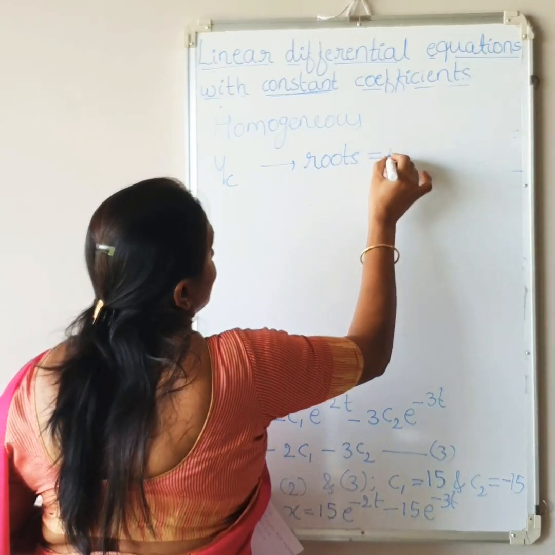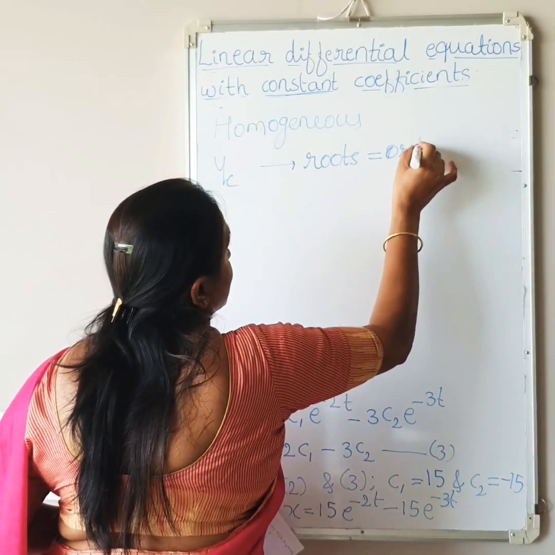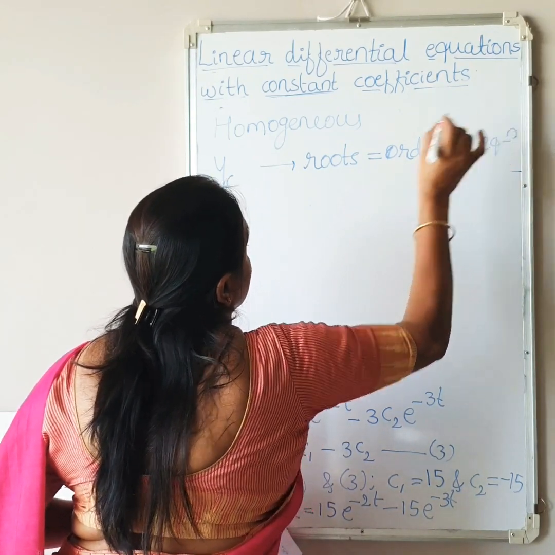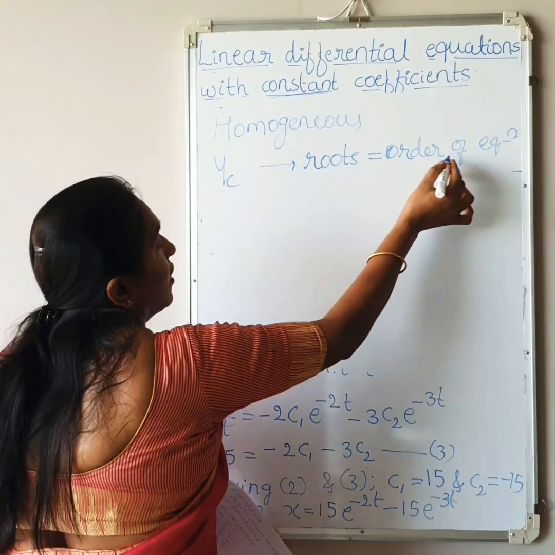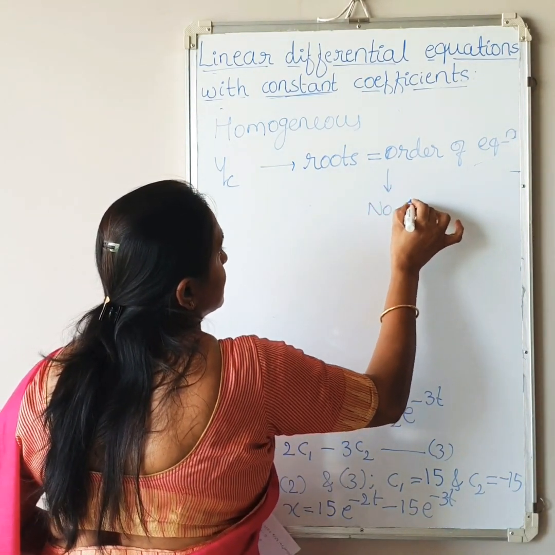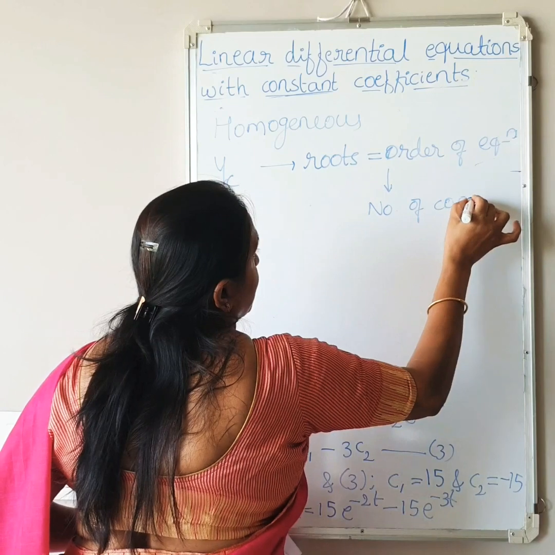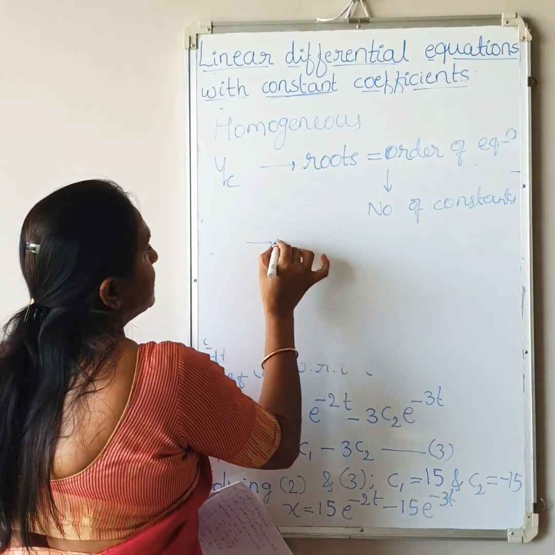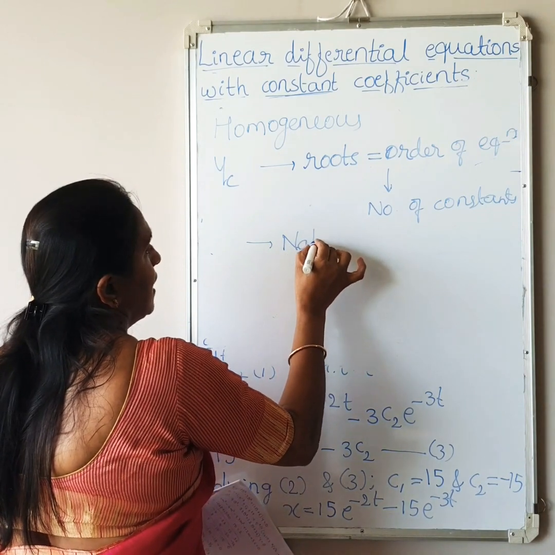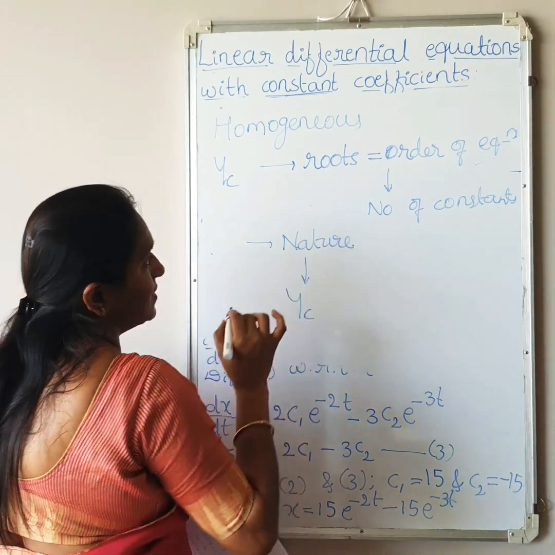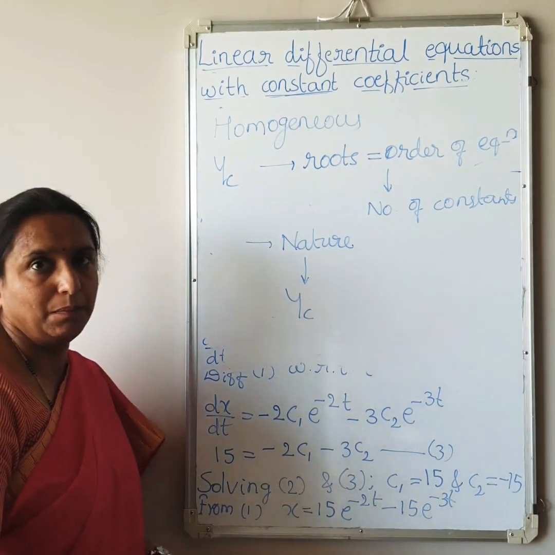Number of roots is equal to the order of the equation, and order of equation is same as the number of constants. Then find the nature of the roots. Depending on the nature of the roots, write down yc. This is the method you have to apply.